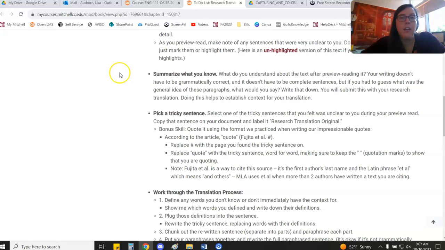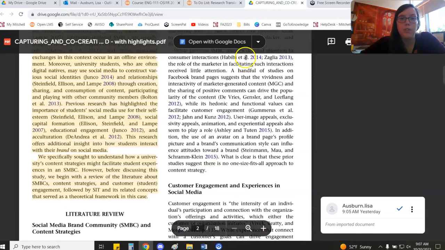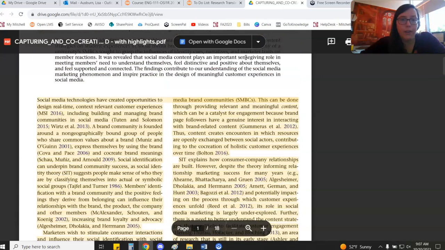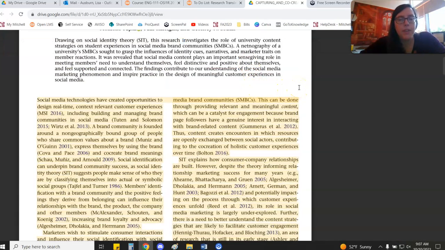The first thing that you should do is a really quick preview read. When you preview read, I just want you to read quickly through the content, trying to understand it, but not spending too much extra time to pause and nitpick the concepts in every single sentence.